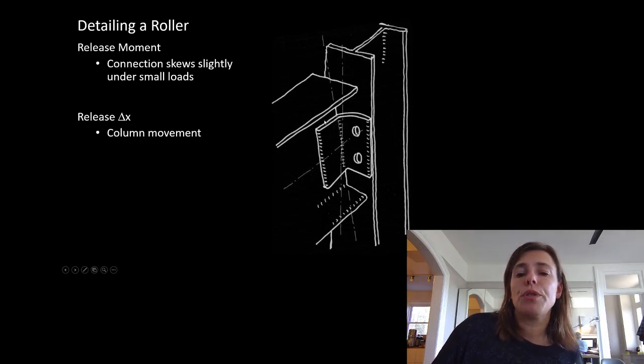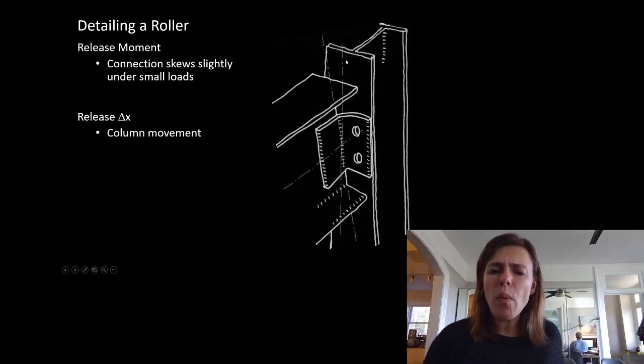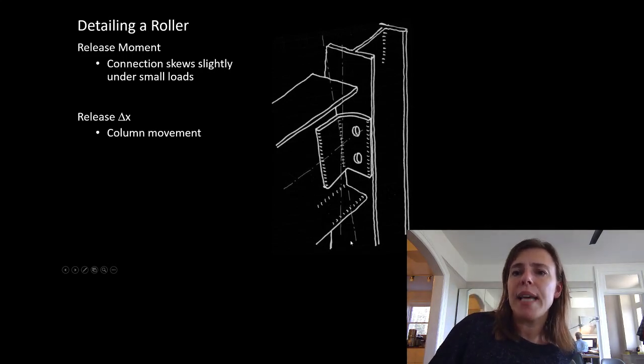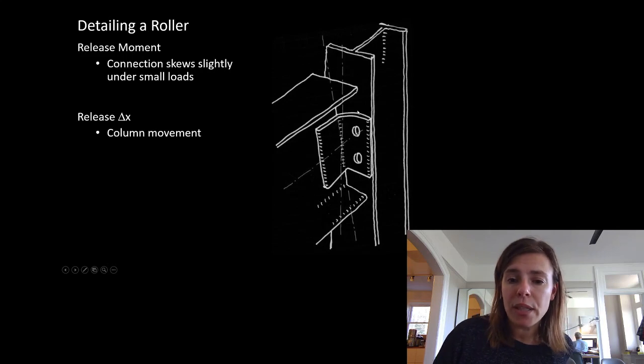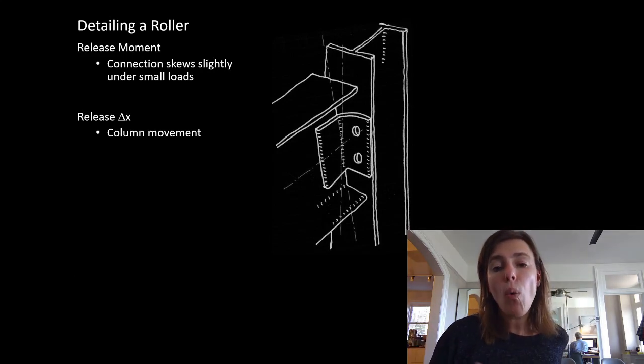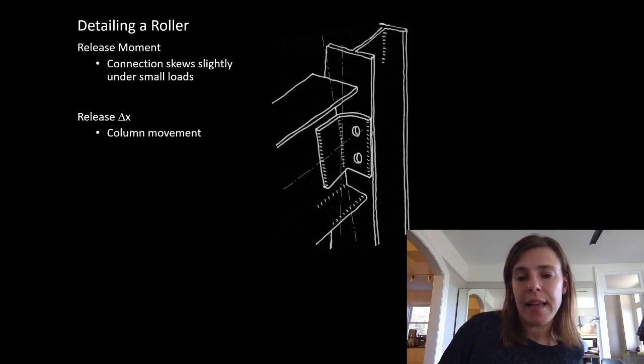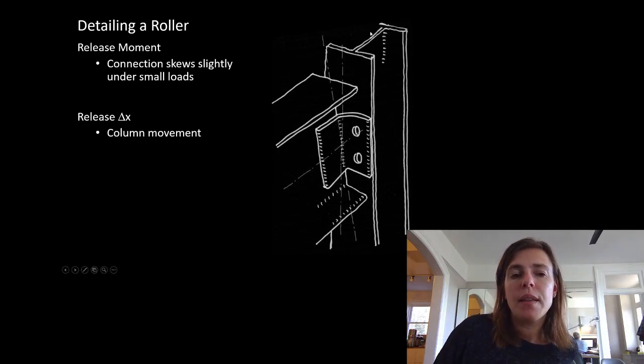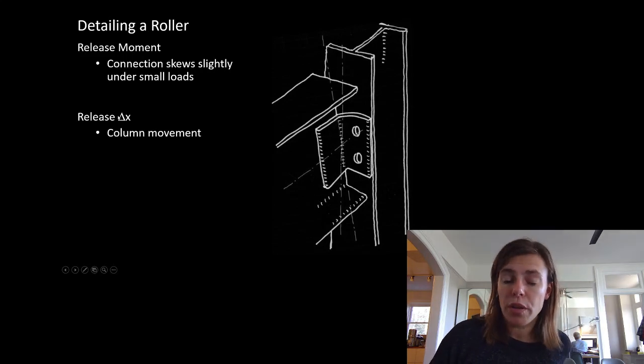This is true for small connections. If we get into a big connection, if this beam came, we're off the page there, if that beam came way down and we had 10 of these bolts to make this work, the idea that that could pry a little bit stops being true. And in that case, if we have a moment connection, we have to detail it as a moment connection, or we have to find some other way to detail it to release the moment. The same goes for a roller condition.